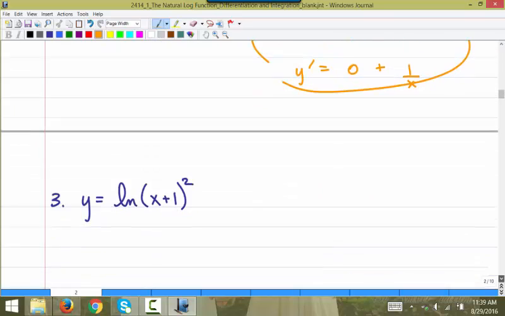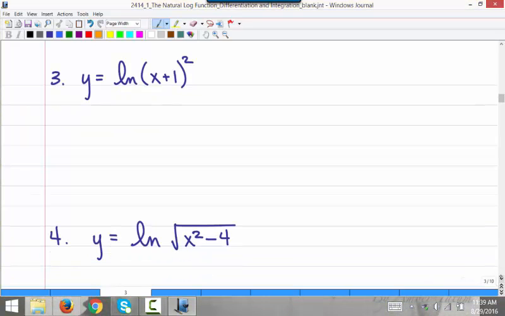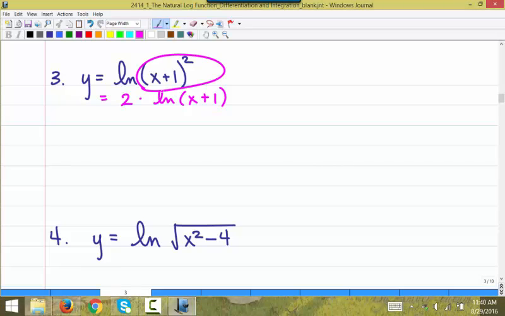All right, number 3. What do you notice up there at the top? There's an exponent. What can that exponent do? Move it out front first. So I'm going to tell you, rewrite that as 2 times the ln of x plus 1. Otherwise, when you take the derivative of this, you're going to have to do the chain rule. 2 times x plus 1 to the 1 times 1.